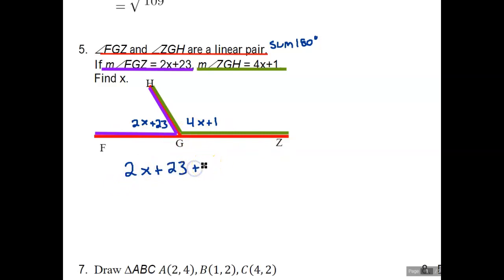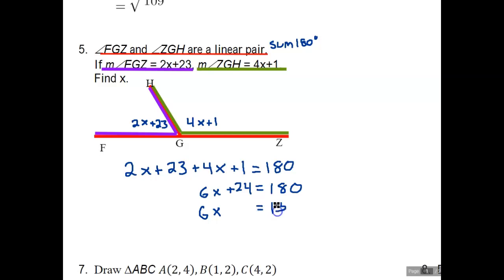We've got 2x plus 23 plus 4x plus 1 equals 180, right? So we're going to get 6x plus 24 equals 180. I'm going to subtract 24 from both sides. That's going to give me 156, I believe. And then we're going to divide both sides by 6.